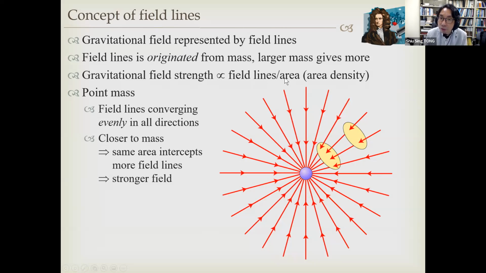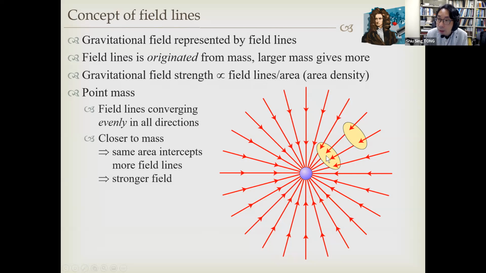So if I calculate the field line density, which is the number of field lines divided by the area, I will have a higher field line density here when I'm getting close to the point mass. And for the area that is farther away, the field line density will be less. So the field line density represents the gravitational field strength.